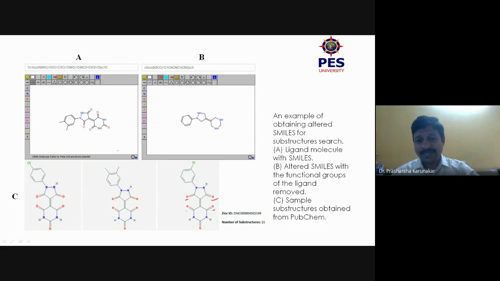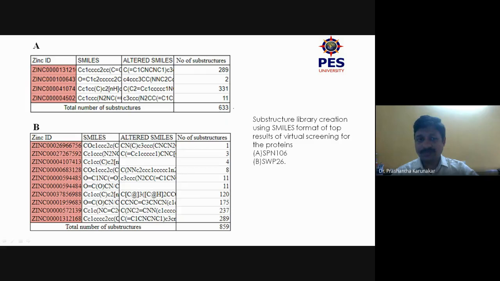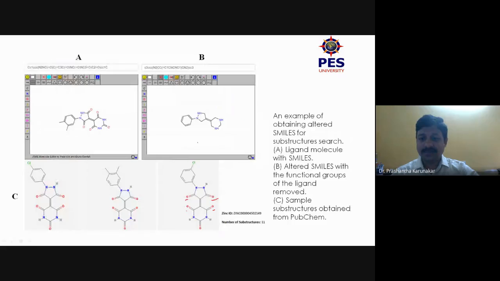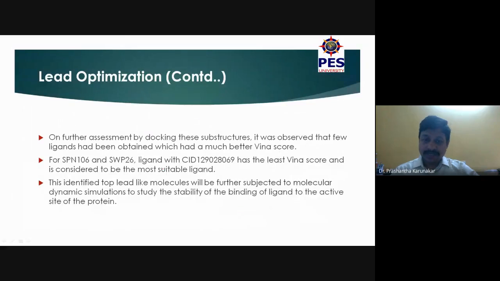When we did this using PubChem, we found 633 additional compounds for the SPN106, 859 for the SWP26. This is the lead optimization. Can we derive new compounds having the same moiety or the scaffold? Then we performed the docking of all those ligands.